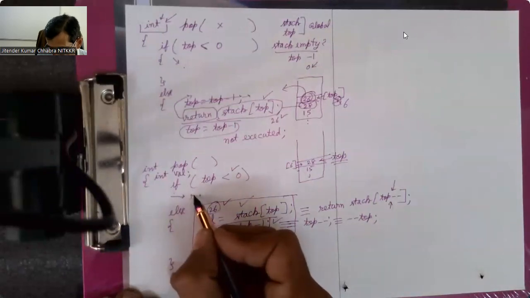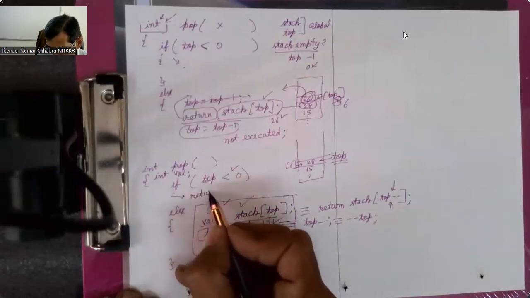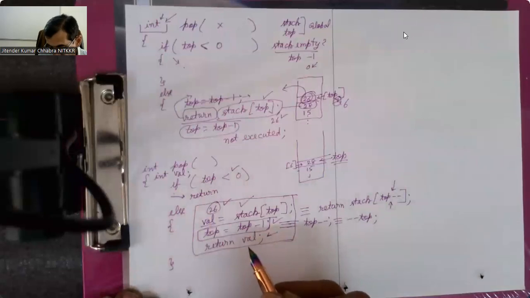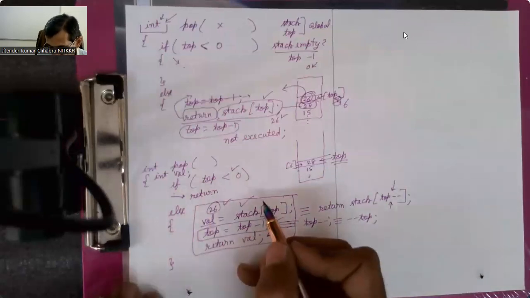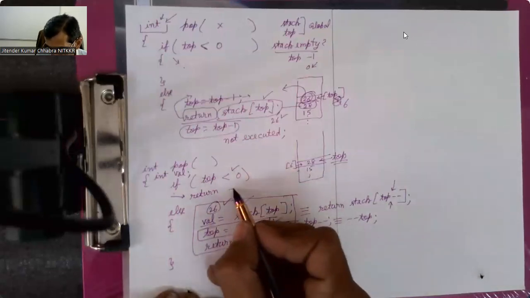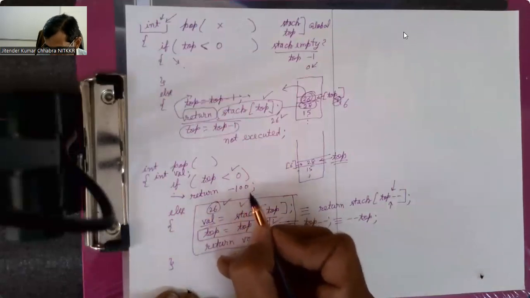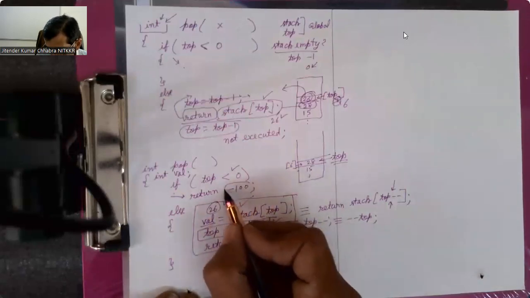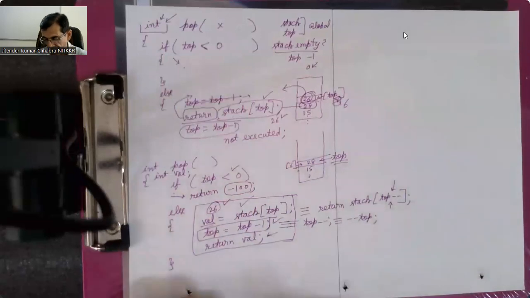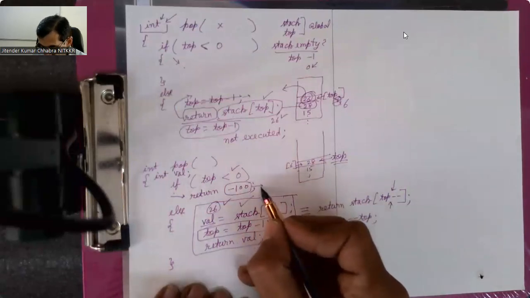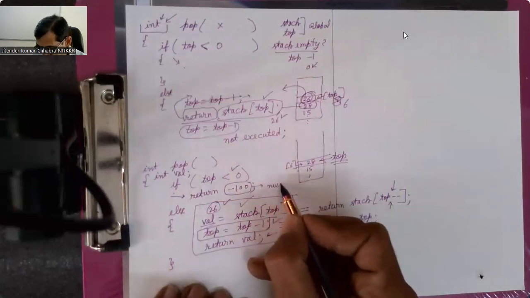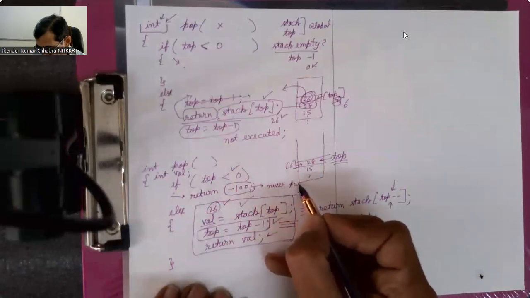If top was less than 0, the stack is empty. So in that case, I must be able to return something, a special status, an error status. So for example, I could say return minus 100, where I am assuming that minus 100 is a special value which tells that pop was unsuccessful. That also means minus 100 was never used, never pushed into the stack.